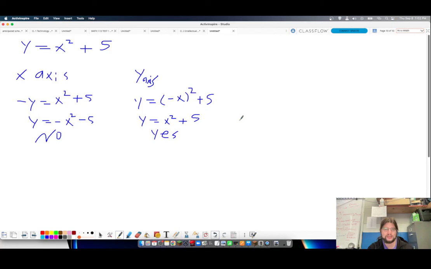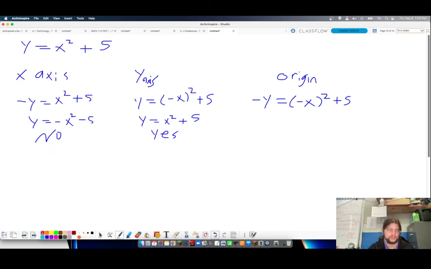And obviously it's not symmetric to the origin because we get the same thing we got right here. Because that's going to just be the same. It's going to be x squared. So we divide by the negatives, it's going to be the negatives. So origin's a no. You do the same work. You'd have negative y equals negative x squared plus 5. And it's not going to work. Okay, done.